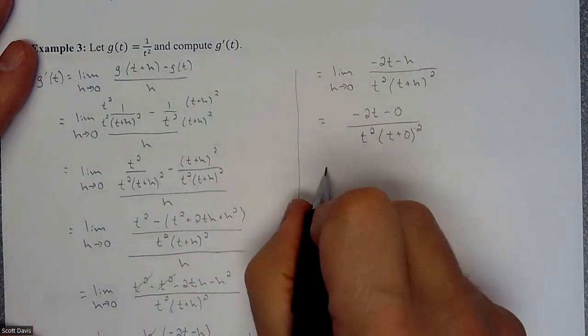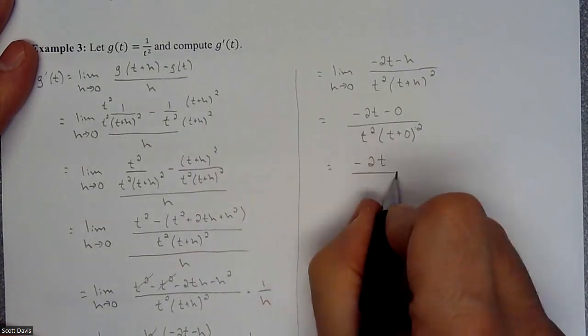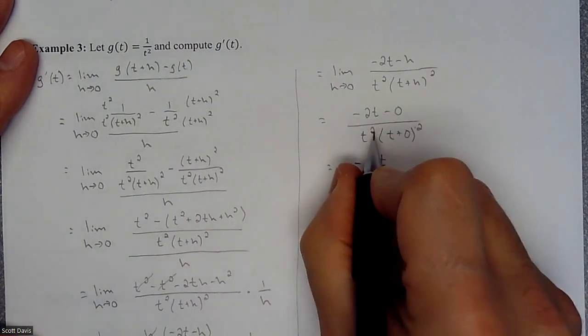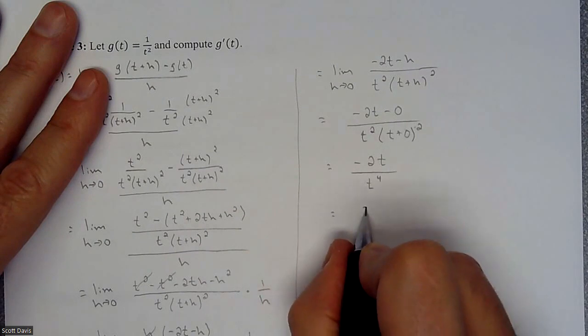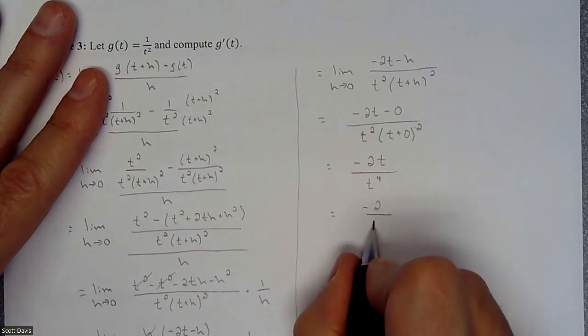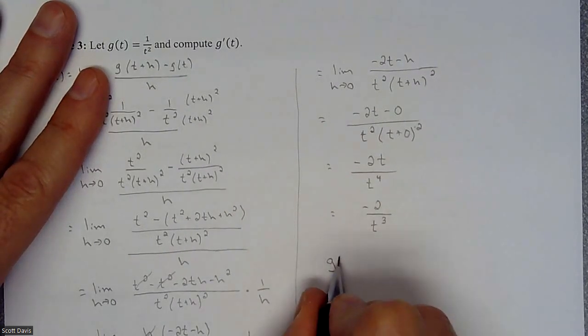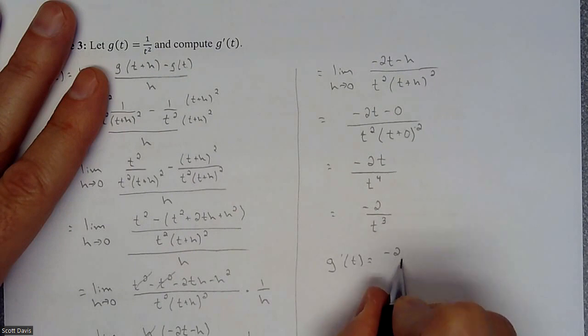All right, so clean all that up. We are left with a negative 2t over t to the 4th, because that's a t squared and that's a t squared, and then we'll simplify that. So that's going to become a negative 2 over t to the 3rd. And that represents our slope equation. Negative 2 over t to the 3rd.